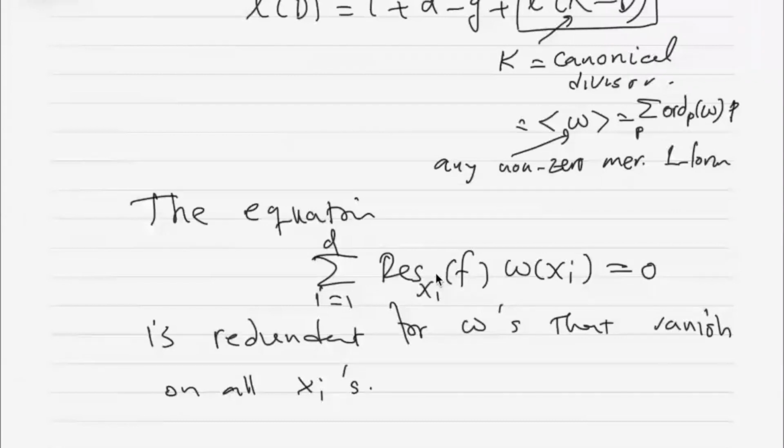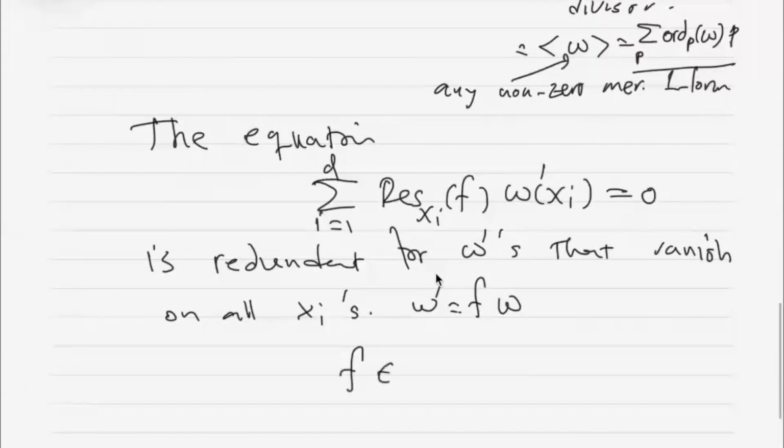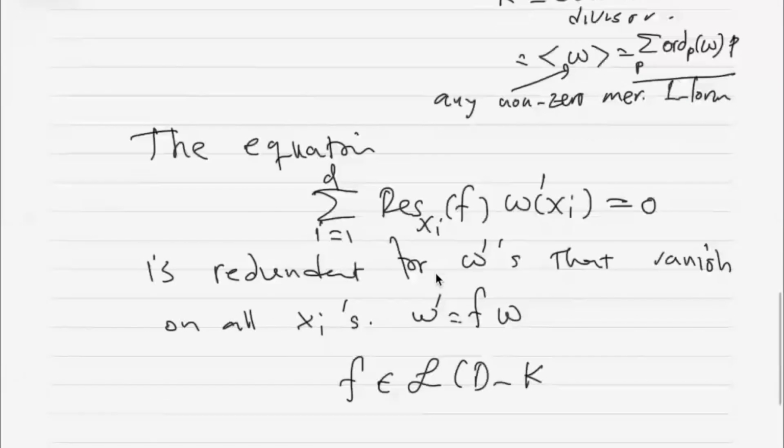This means that if you write omega prime as f times omega, where omega is the one that you chose to construct the canonical divisor, then f belongs to L(K − D).